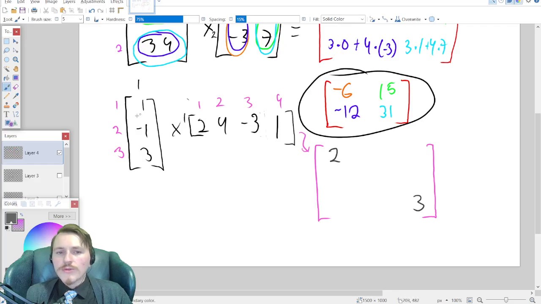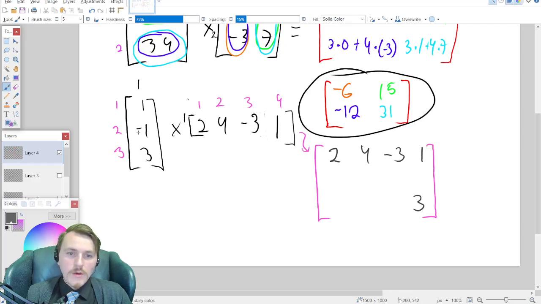I can go through and repeat this process for the entire array. Let's say I want to print everything in the first row. So first row: 1 times 2, 1 times 4, 1 times negative 3, 1 times 1. That gives us the first row.